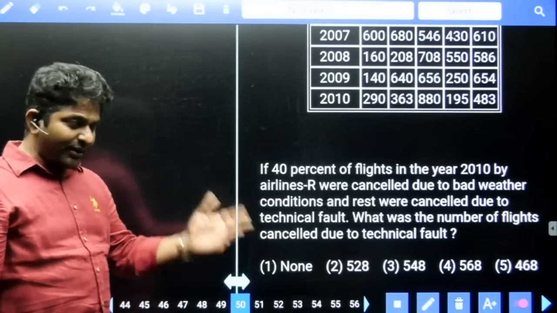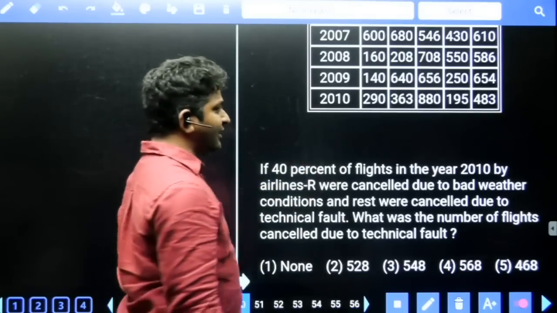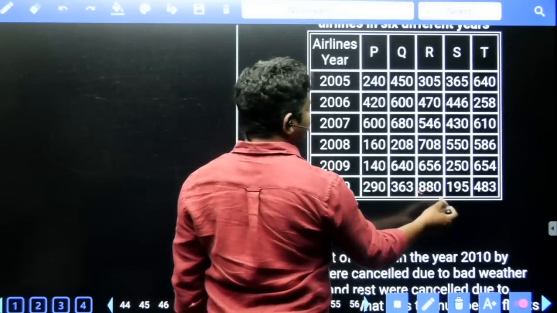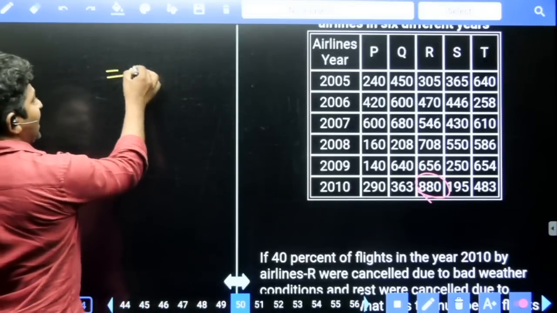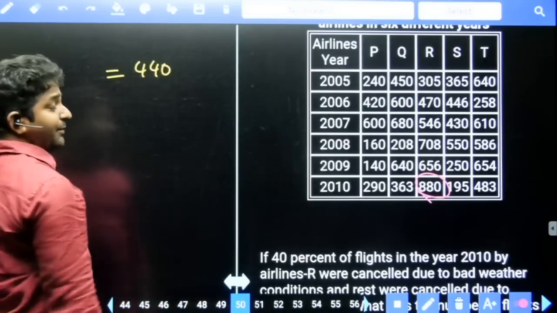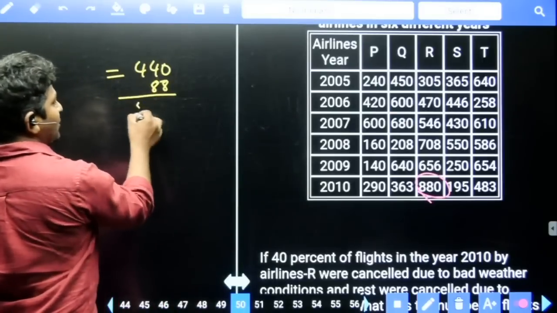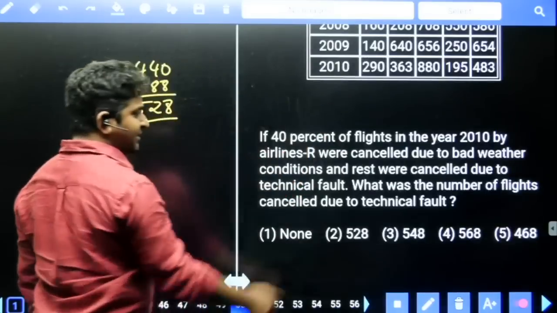So let us try to calculate exactly. Airline R in 2010 is 880. Out of this we want to calculate 60%. How do we get 60%? 50% plus 10%. 10 percentage is 88. Total it is 528. 528 is our final answer.